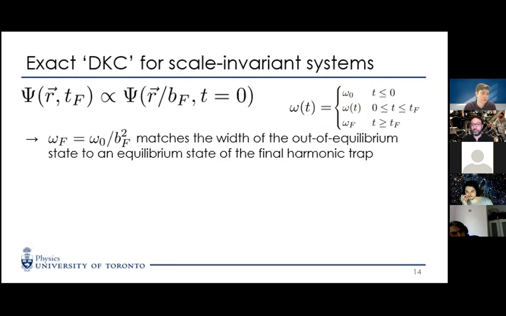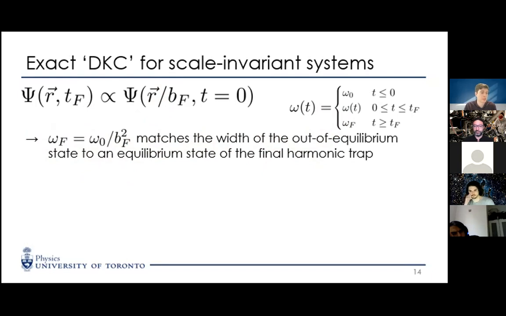Well, the first thing we can do is, because our system obeys the scaling condition, we can always match the width of our expanding cloud to a harmonic oscillator that has the same width eigenstate. So just by matching the size of our final trap to our expanding cloud, we've matched the size of the distributions.